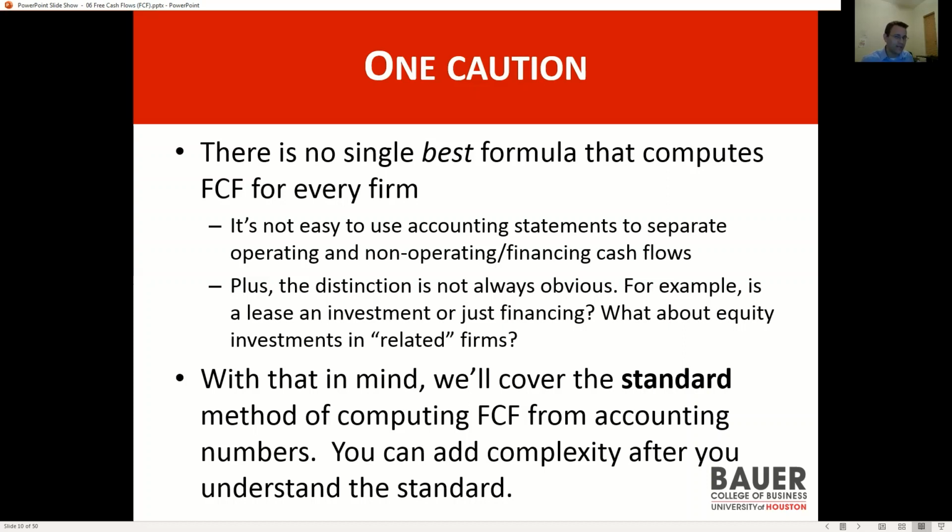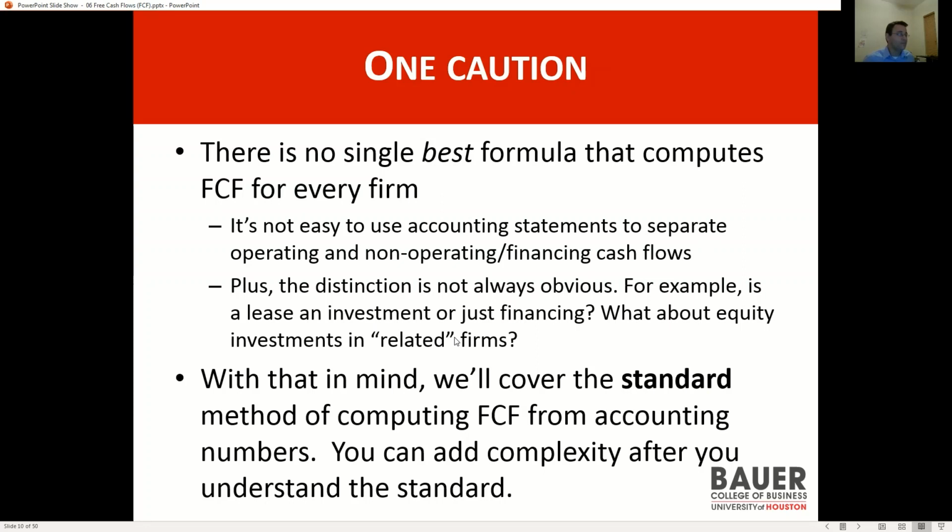Or would you consider it financing, right? It's this gray area. If you get a car loan and then use that to buy a car, then it's very easy to separate the two. You've got the car, that's an asset, and you've got the car loan, that would be financing. Then you can separate it. But if you're leasing the car, it's not so easy. How would you separate out the lease from the car itself, right? So the point is, there's always these shades of gray.